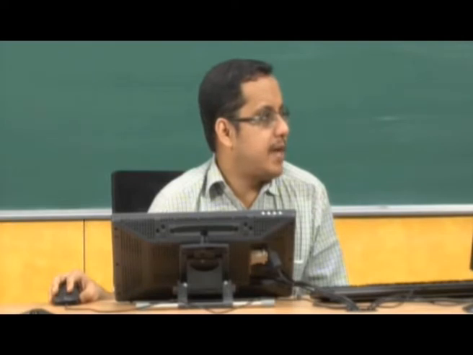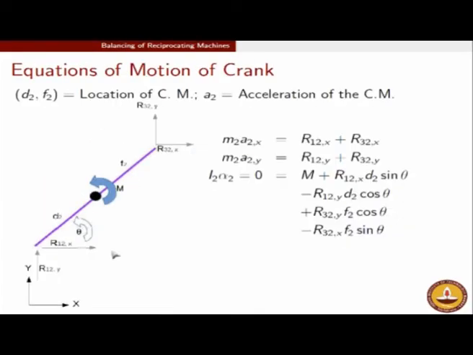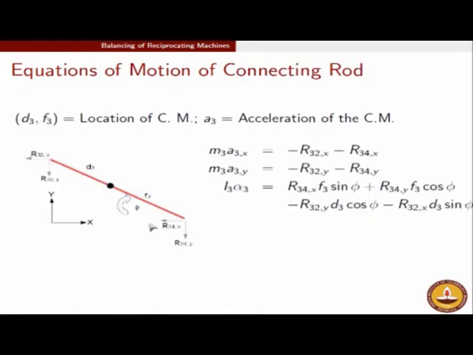ESGCT is asking, can you explain the sign conventions in finding moments? For the crank, when I am writing the moment equations, counterclockwise is positive and clockwise is negative, but for the connecting rod, clockwise is positive and counterclockwise is negative. It does not matter; you could take counterclockwise positive here too.